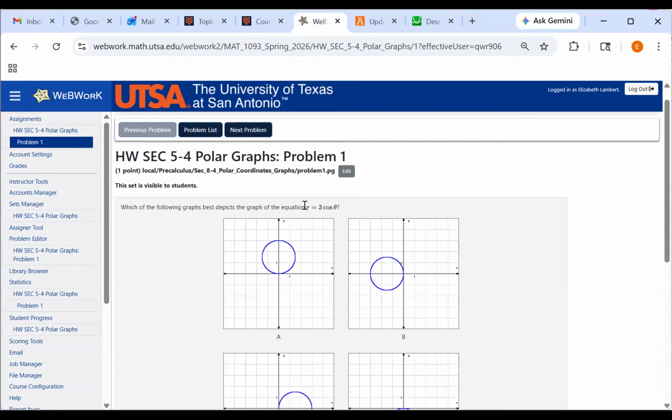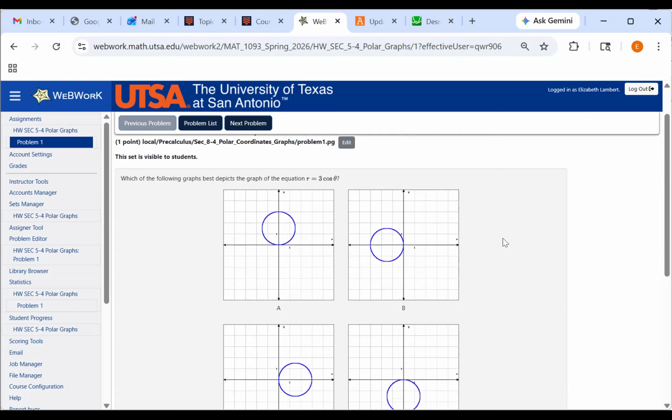Now to figure out which equation this is, I could plug in some theta numbers, get the r numbers out, and then plot those r theta points to figure out which one is correct. Particularly if I can figure out this 3 point at pi over 2, that's what it looks like.